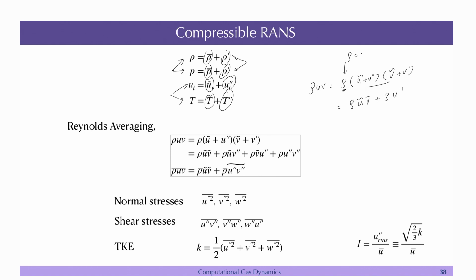So, rho is actually rho bar plus rho prime, but it will be absorbed. So, you will see it shortly. Okay, so, this is rho u prime v tilde, plus rho v tilde u double prime, plus rho u double prime v double prime. Okay. And now, you take the bar of the entire thing.